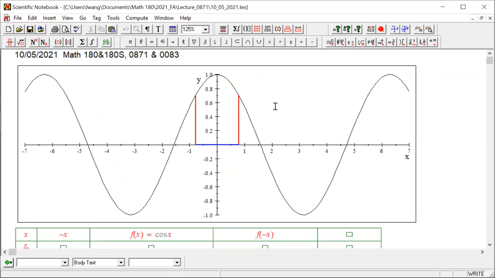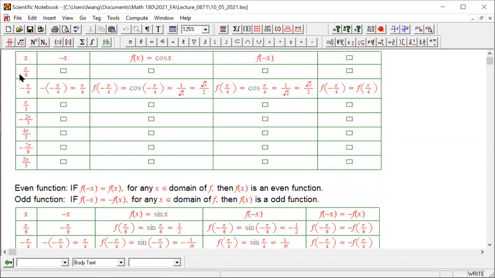So what does that mean? You guys have found out, right? Whenever the inputs are opposite, what happened to the output? The outputs are exactly the same.